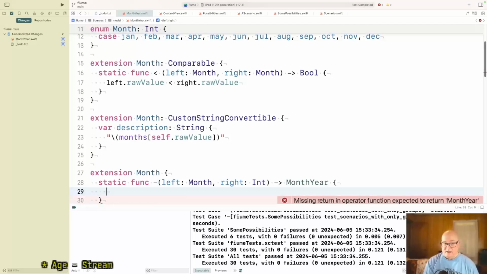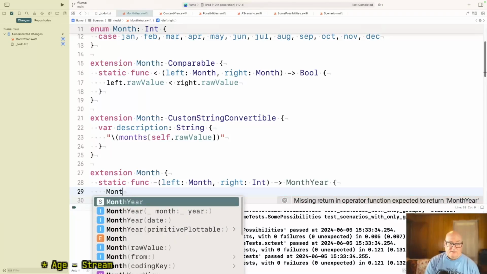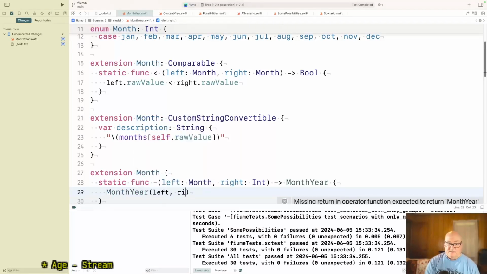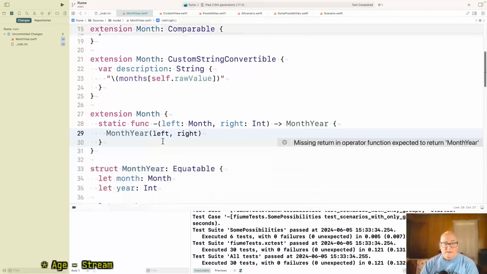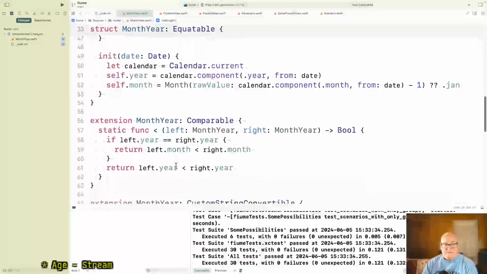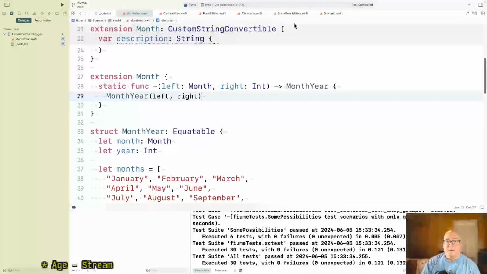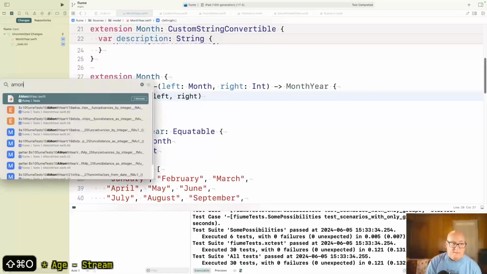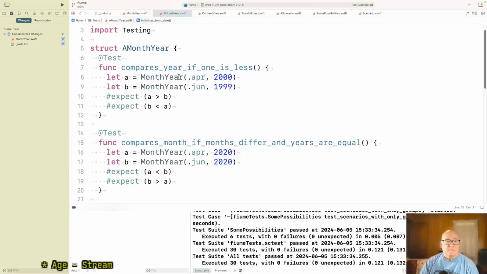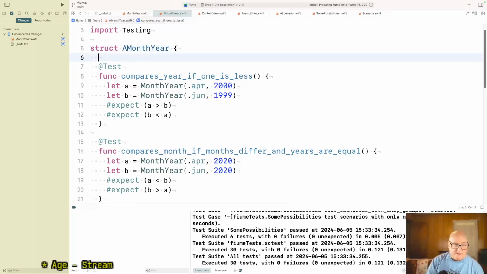All right, so you're writing October dash whatever. We're going to create a month year with left and right. Okay. And where's a month year? Well, let's put an explicit test for that.